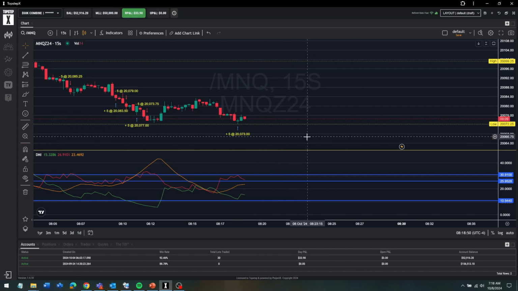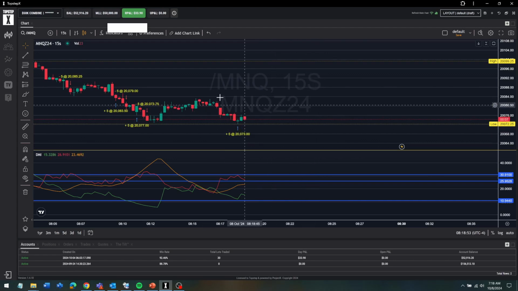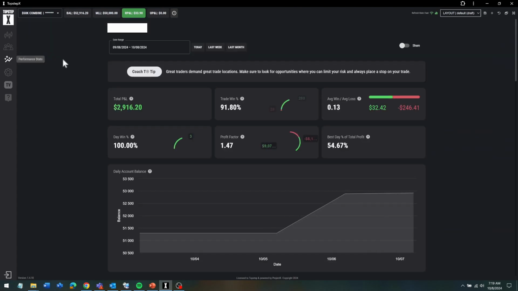So what I might do is spend the next 10 minutes going over what things have looked like. So if we look at the performance tab, we see that it's been okay. The trade win ratio is great, and that seems great to me. You know, this is not so great.